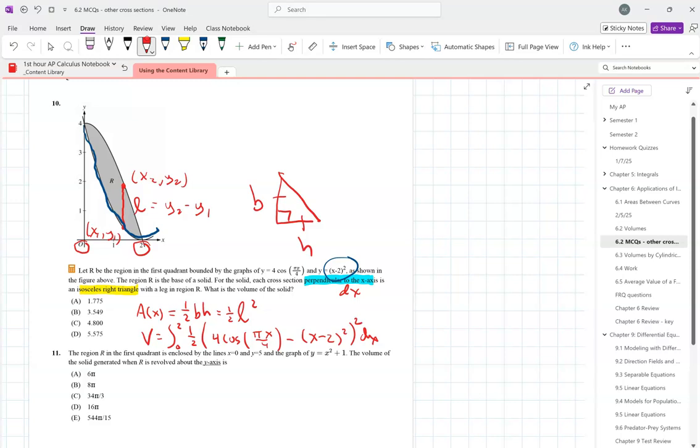And then it's just calculator time, right? This one was much easier because I was integrating with respect to x, so I didn't have to solve my equations in terms of y to plug them in for the length of one of these sides.